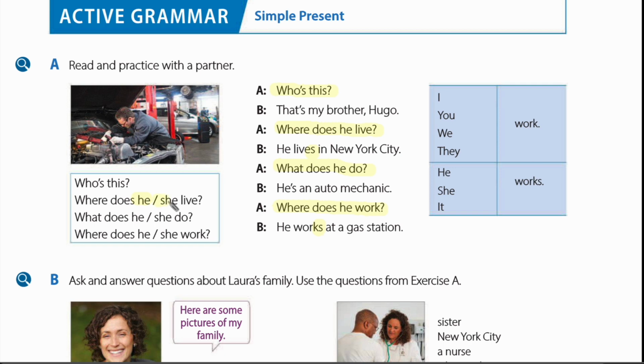For a woman, you say she. What does he or she do? Where does he or she work? Now, for the answers, you use work, for example, or live, like this, base form, for all the persons, except for he, she, or it, that you add s to the verb. You say works, okay?